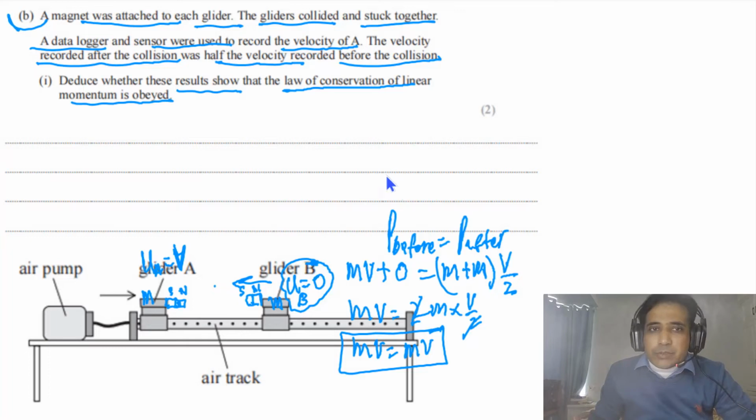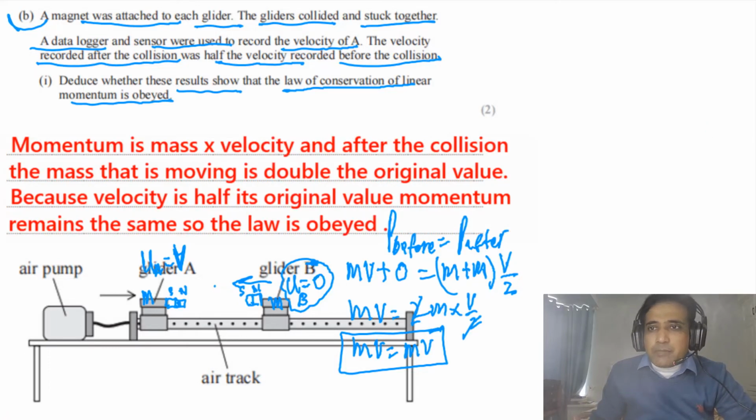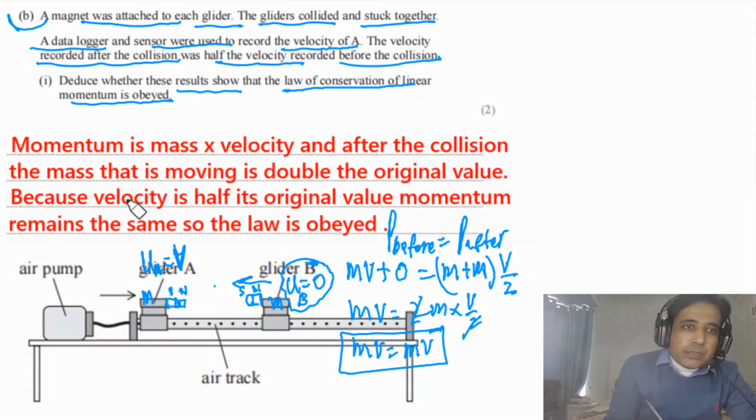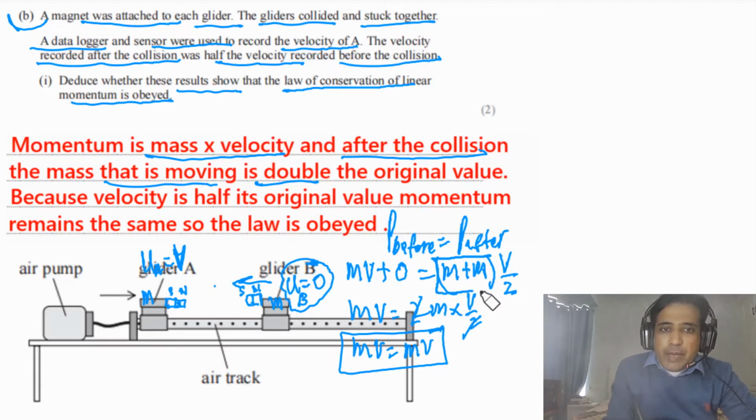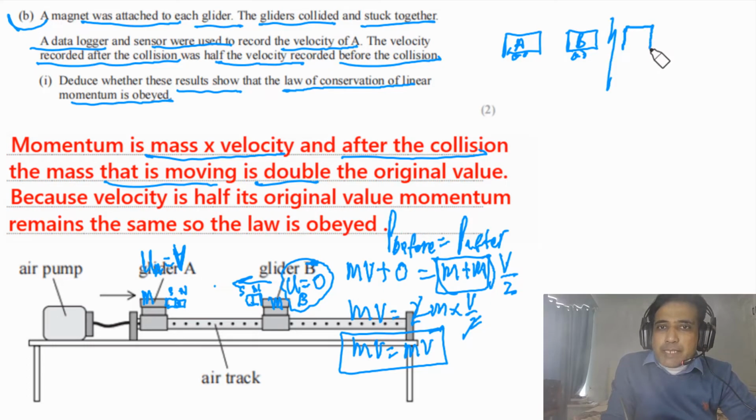For the answer of this question, you can write down these points. Momentum is mass times velocity, and after the collision the mass that is moving is double, meaning we have 2M. We can also sketch this: this is A, and here this is B, and after collision these two masses stick together.